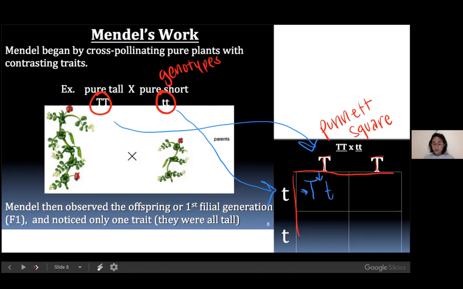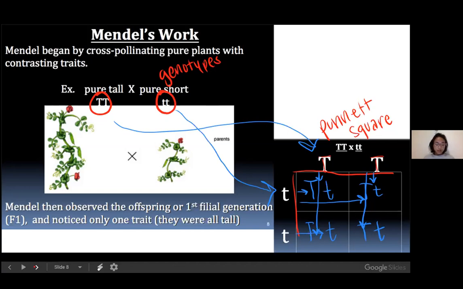And then he did the same thing in the next box, big T, little t. And then in the next box, big T, little t. And then in the last box, big T, little t. So he's basically just carrying down and carrying across the different genotypes of those two plants.